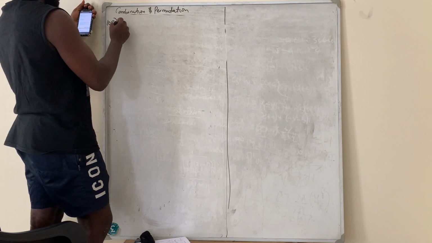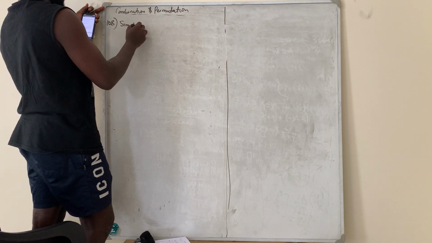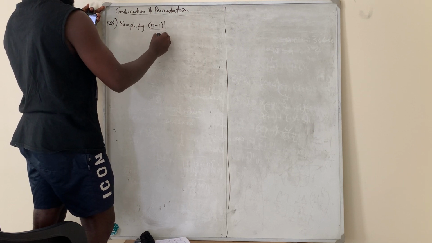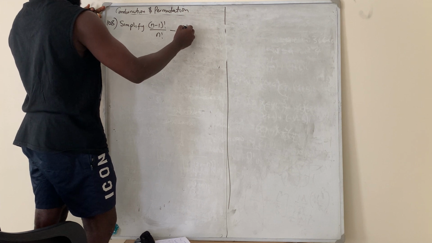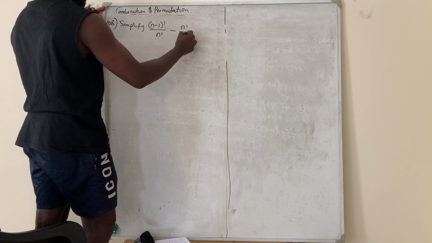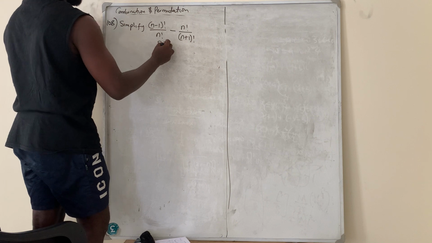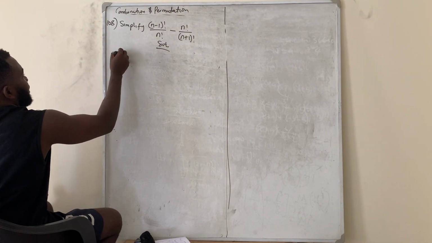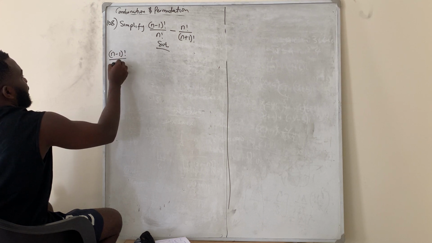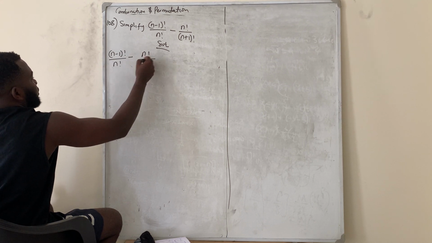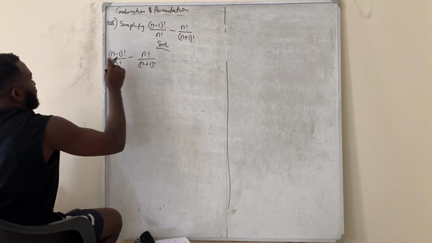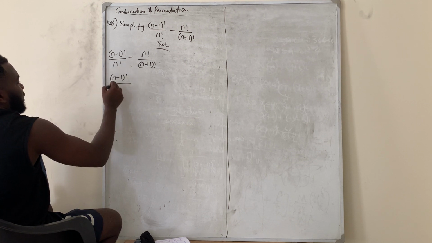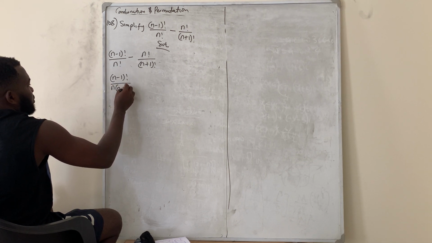Question number 108 said, simplify n minus 1 factorial all over n factorial, minus n factorial all over n plus 1 factorial. Solution. This is a very simple question. Now, n factorial can be written as n into n minus 1 factorial.